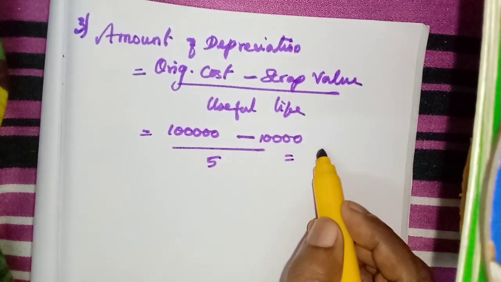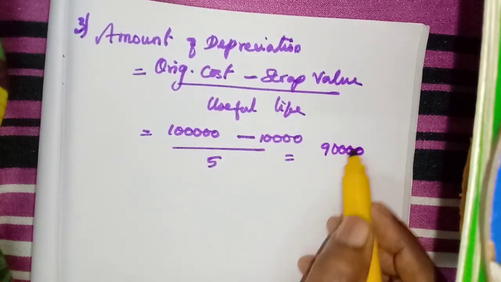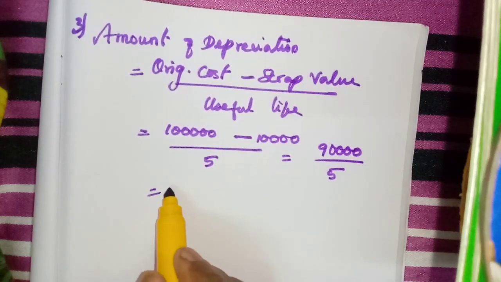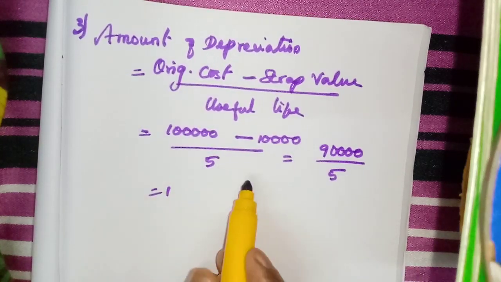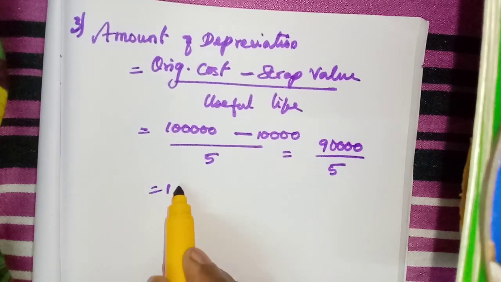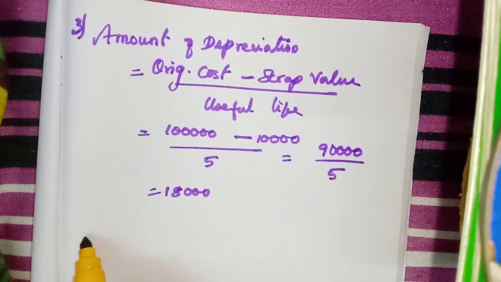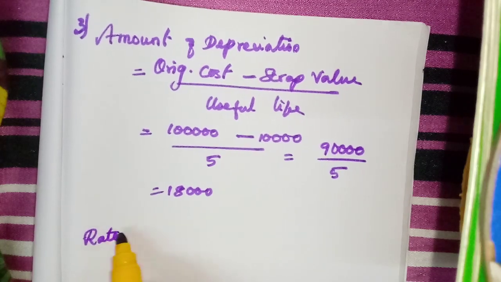So 1 lakh minus 10,000 is 90,000, divided by 5, that is 18,000.